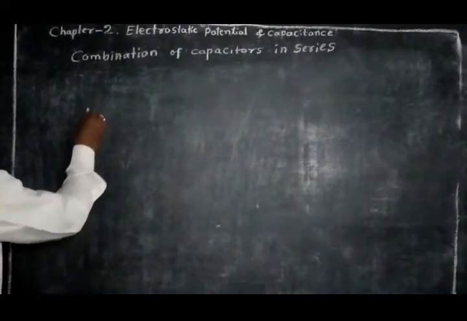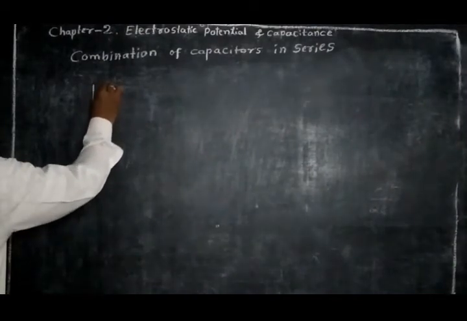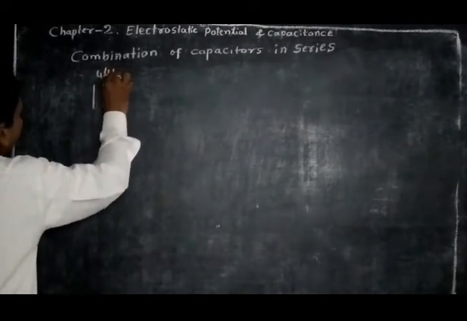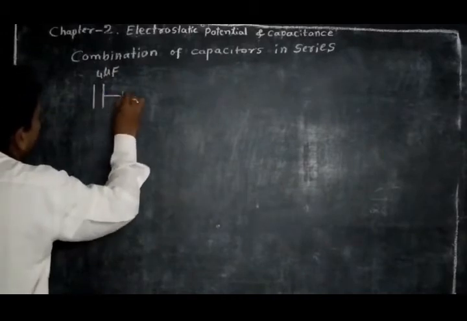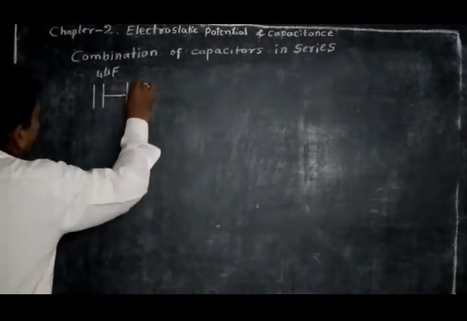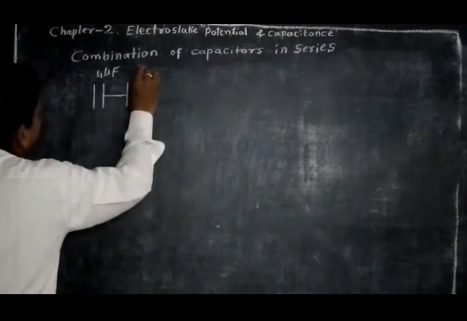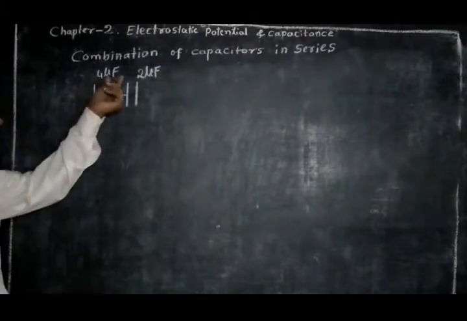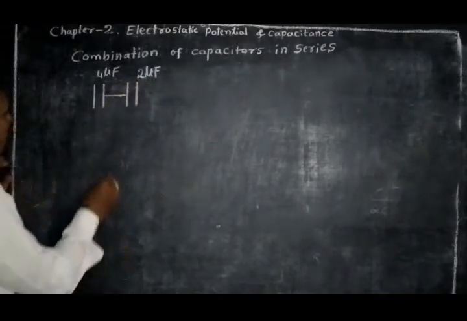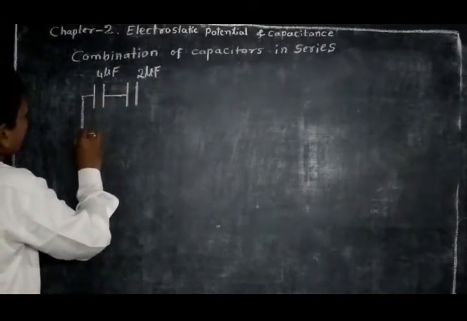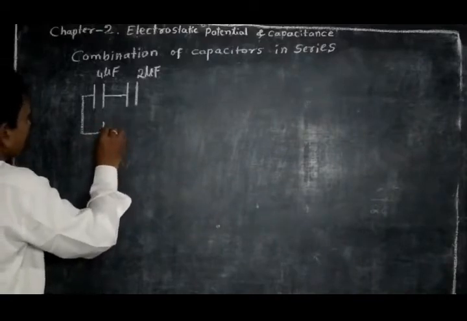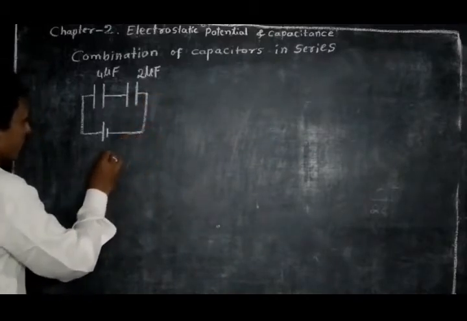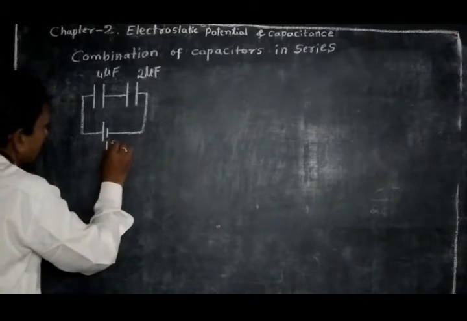Now we shall solve a problem on this. Example: two capacitors, 4 microfarad and 2 microfarad, are connected in series across a cell or battery of terminal potential difference 12 volt.